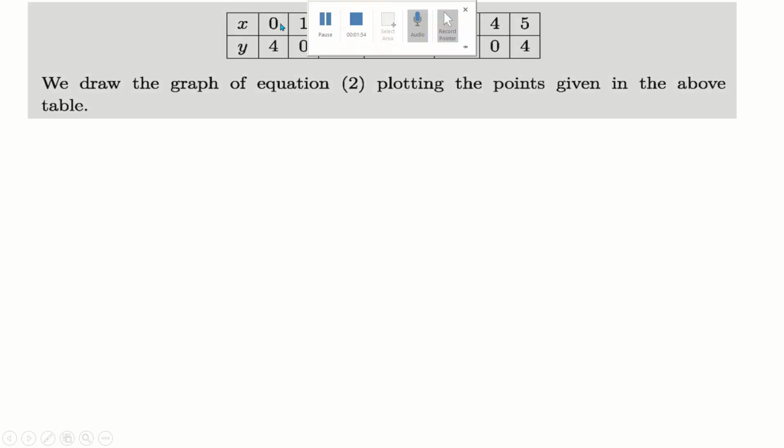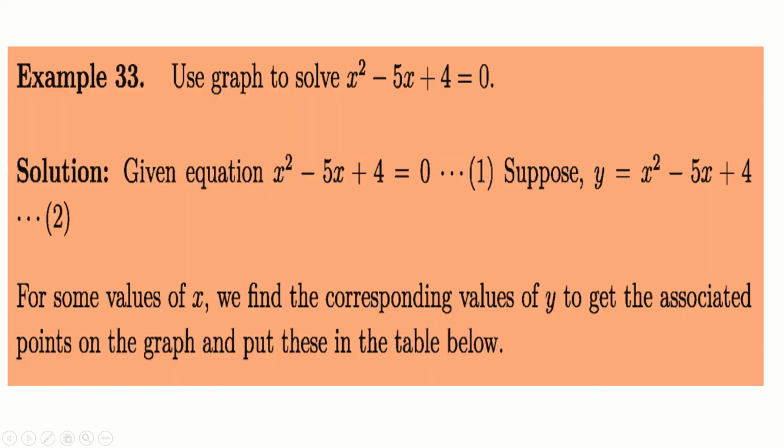Follow. When x is equal to 0, then y is equal to 4. That means when we put x equal to 0, 0 square minus 5 into 0, that means 0 minus 0 is 0, plus 4, y is equal to 4.